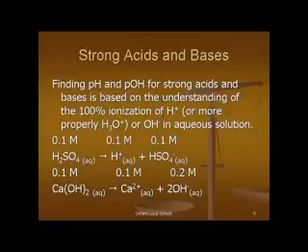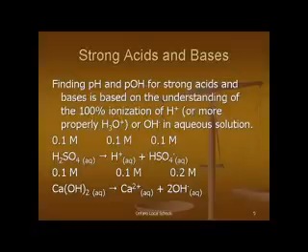Now, the HSO4- will ionize a very small amount of hydrogen, and we'll talk about that when we get into weak acids and bases. The amount that it ionizes is so small in comparison to the first hydrogen being ionized that we pretty much ignore it when we come to finding the pH of an H2SO4 solution.